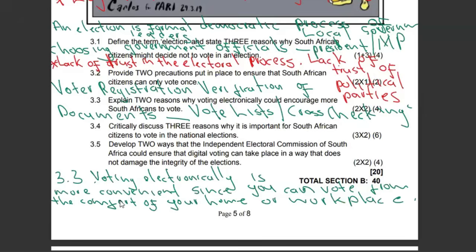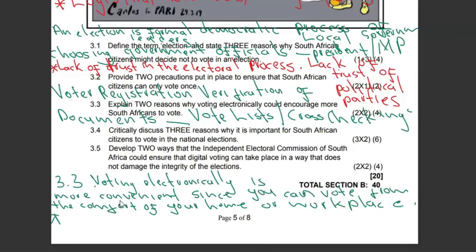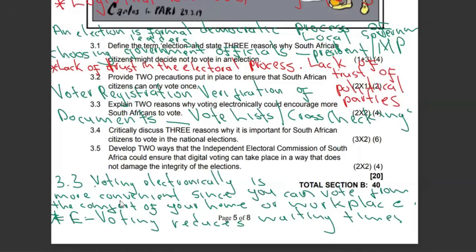E-voting reduces waiting time in queues. So it actually reduces waiting time.